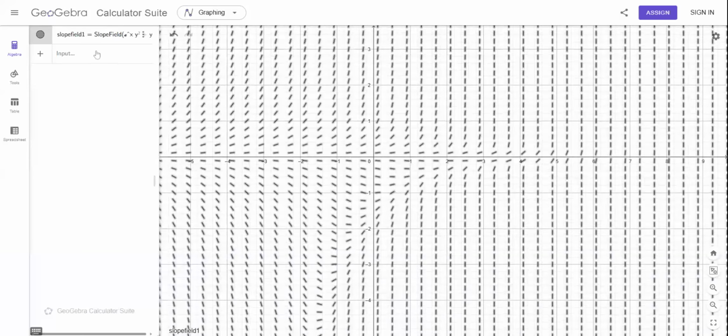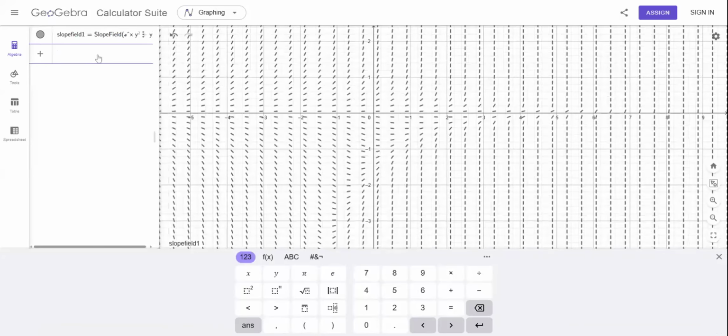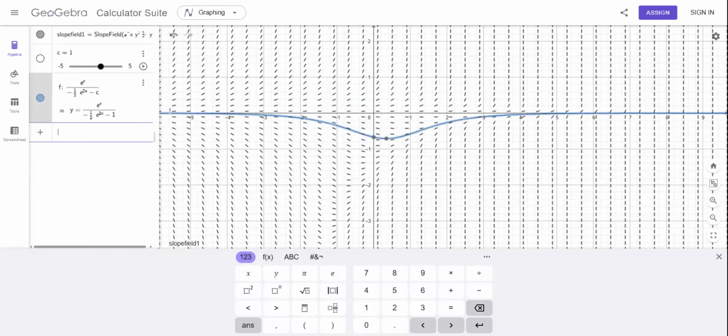Okay, so some strange things going on there. But anyway, we got y equals e to the x divided by negative 1/2 e to the 2x. I'll try minus c. There we go. Now I got a slider.